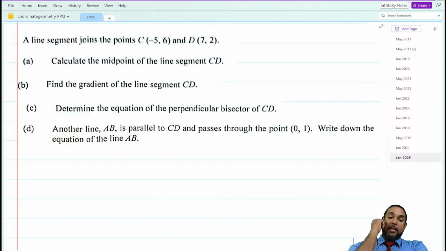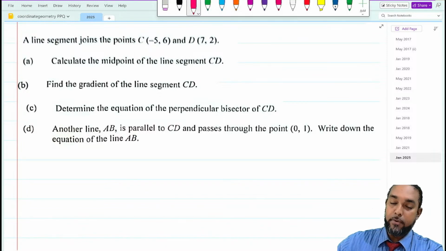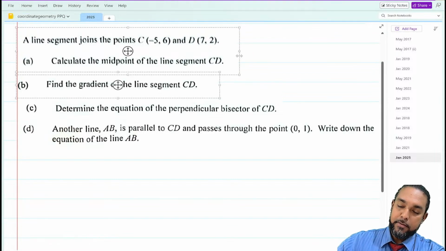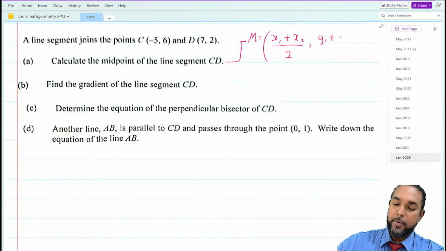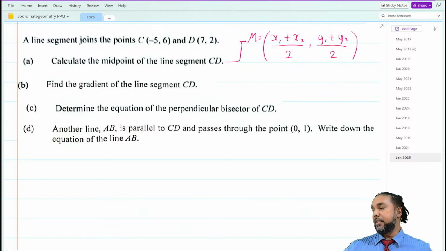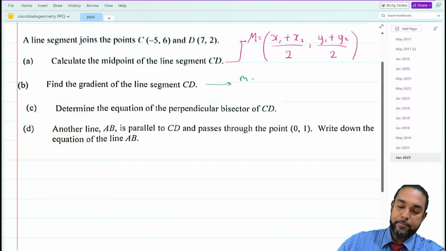So a line segment joins those 2 points, C and D. They want a midpoint. I'll help you out if you can't remember your formula. So midpoint is x1 plus x2 divided by 2, and then y1 plus y2 divided by 2. So the average of the x coordinates and the average of the y coordinates. And then the gradient, we should know gradient by now. That's small m.